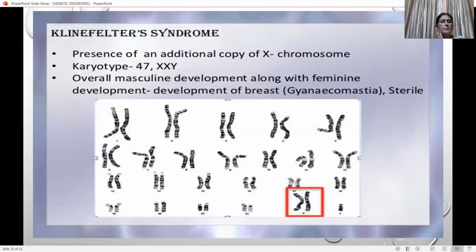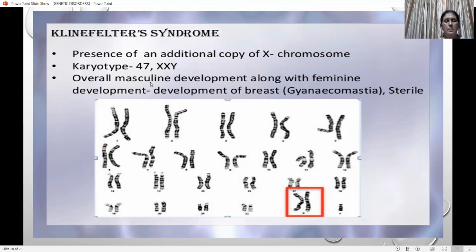The second disease is Klinefelter syndrome. Here there is an additional copy of the X chromosome. We know that in every living organism, two sex chromosomes are present. If it is female, it is XX, and if it is male, it is XY. So here, if one extra X chromosome is present, the total karyotype or chromosome number will be 47 instead of 46.